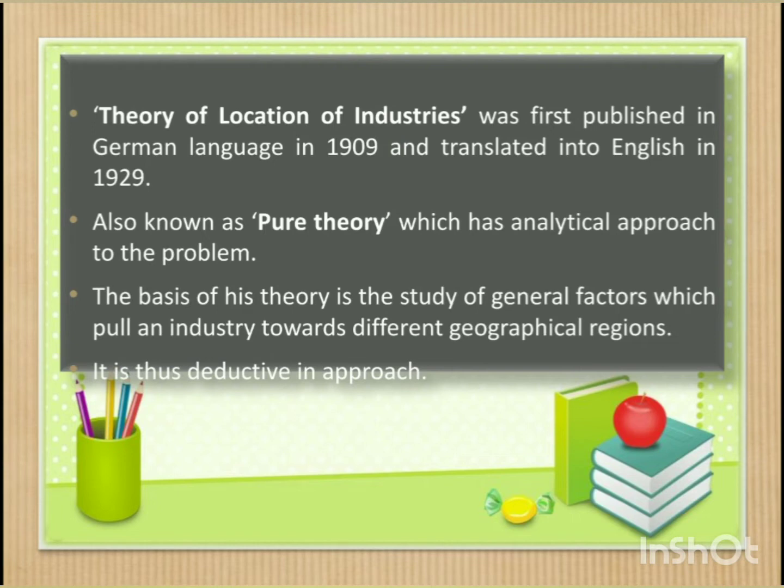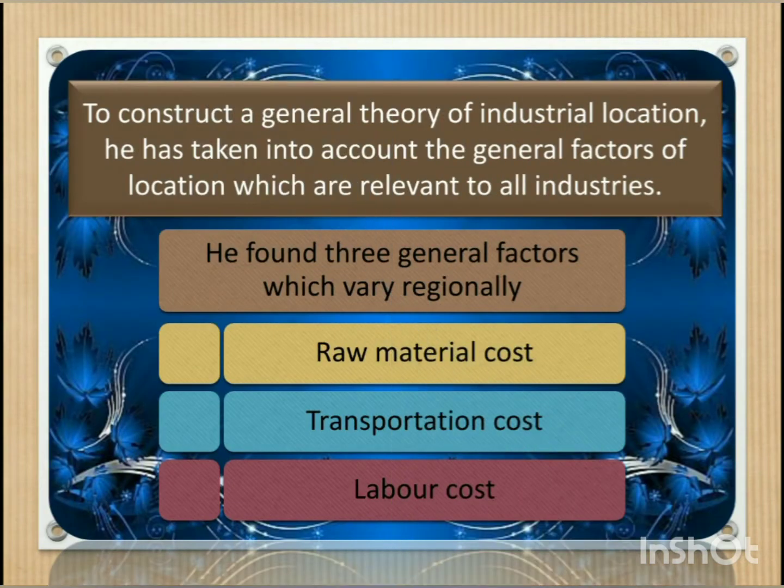His theory is also known as pure theory, which has analytical approach to the problem. It is deductive in approach because the basic of his theory is the study of general factors which pull an industry towards different geographical regions. Weber's main interest was to construct a general theory of industrial location which could be applied to all industries at all times.